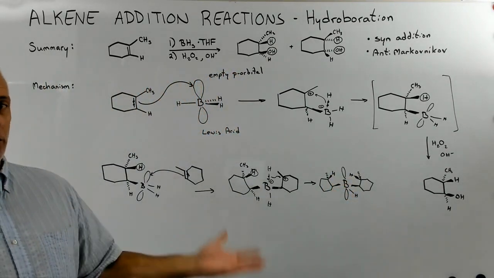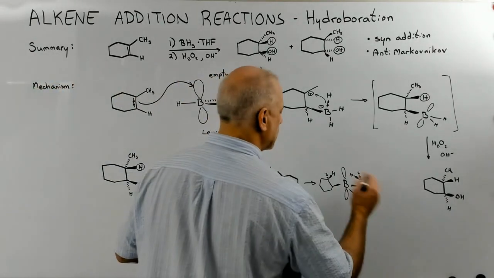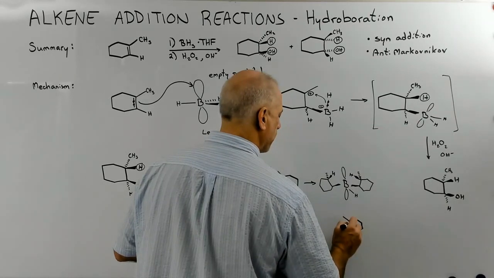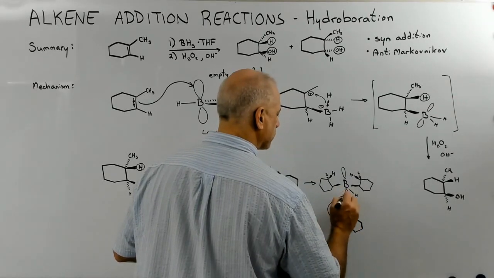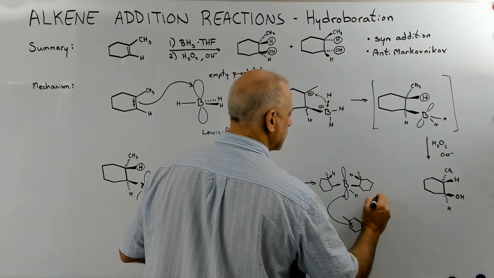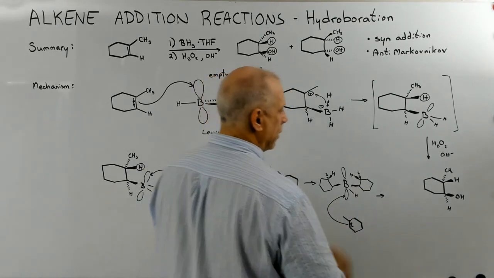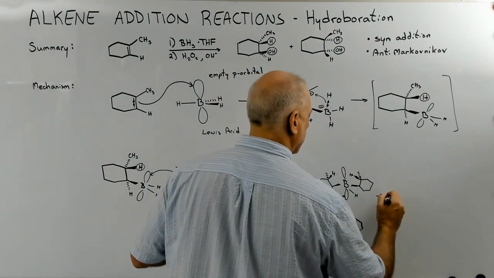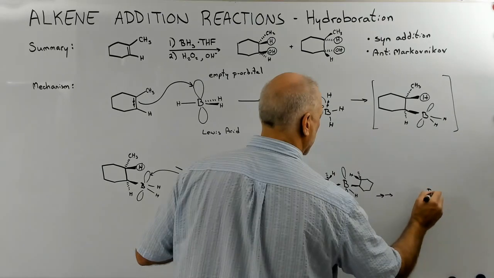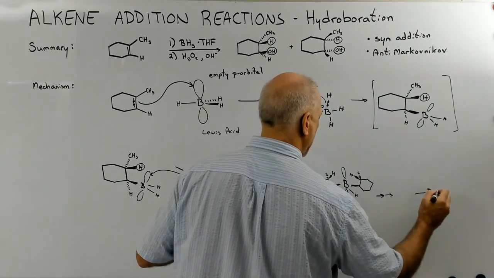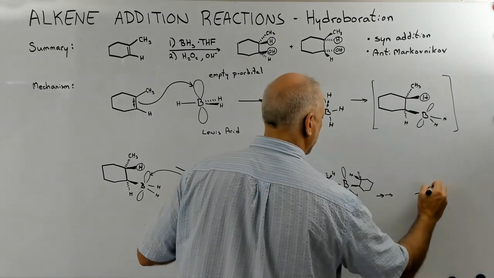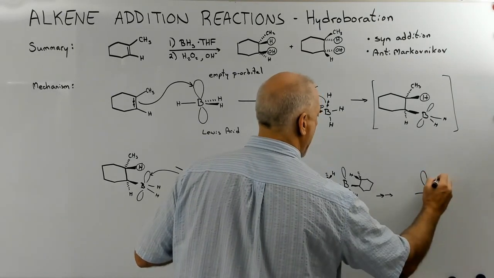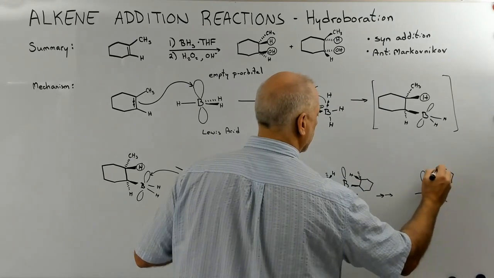And guess what? It's going to happen one more time. It's going to suck in another one of these molecules. Here we go. Pull in that, and I'm going to draw two arrows here. We can go into more detail, but when all is said and done, you're going to end up with a boron. It's going to recoup its empty p orbital, and it's going to have three of these.